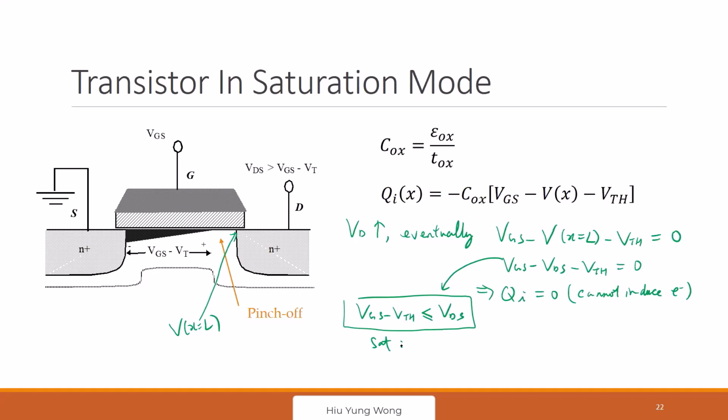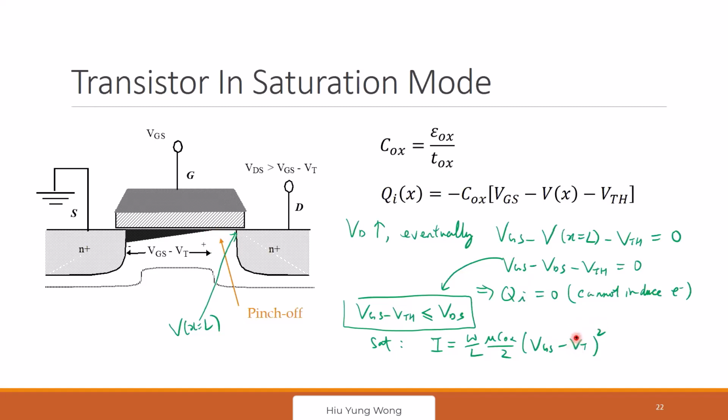And then we say the current is just equal to W over L, mu C_ox divided by 2, times (VGS minus VT) squared, right? I skip many things. I don't really try to discuss how I come up with this one. You can just substitute this one into the previous equation. There is a lot of physics to discuss, but you learned this already in your previous classes.